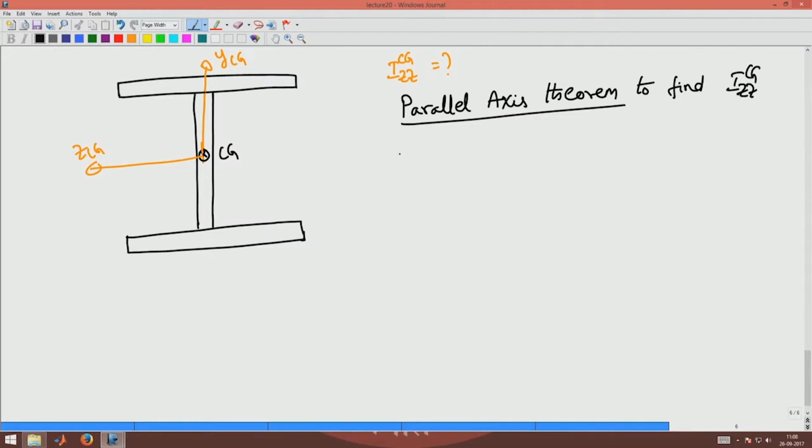Basically, if y is measured about the centroid of the cross section, then y is y centroid plus some distance y naught.